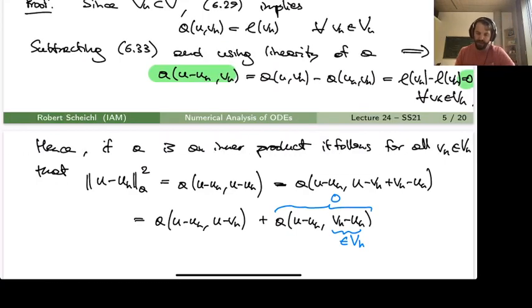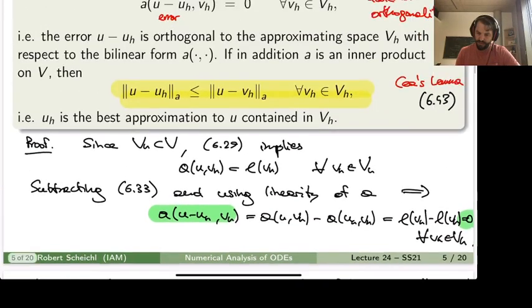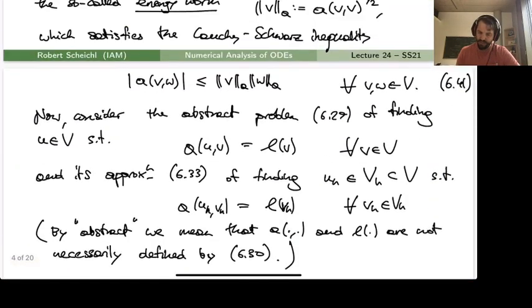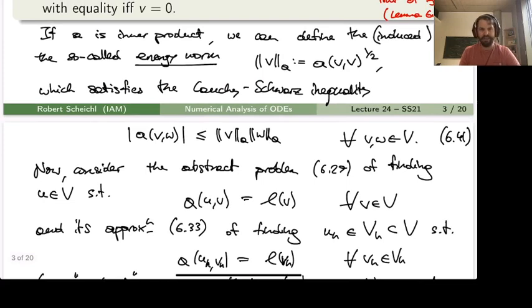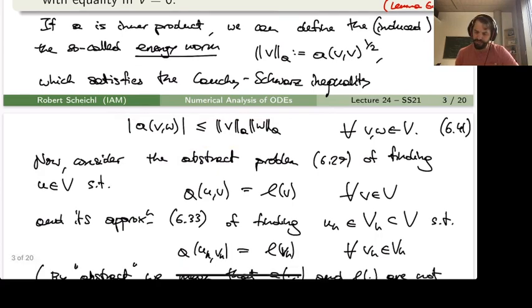Okay, now I can use Cauchy-Schwarz and I can say that a(v, w) in the A inner product is less than or equal to v in the A norm times w in the A norm.